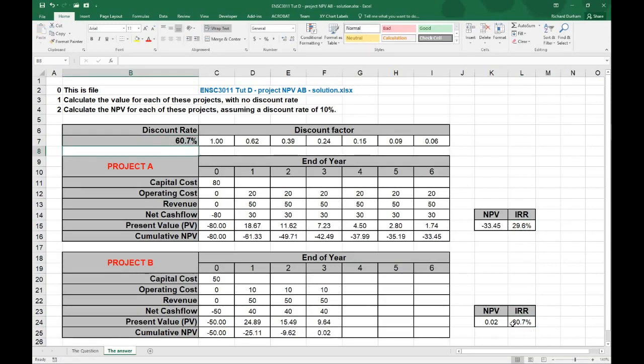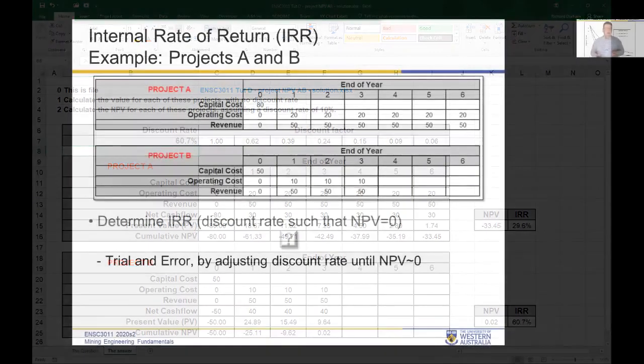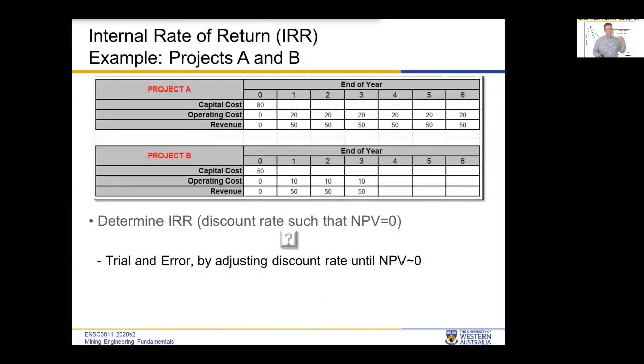So that's it. So the 2 ways of doing this, trial and error, or you can use the function in Excel, which is obviously easier, but I would suggest you never ever use that without checking it yourself.